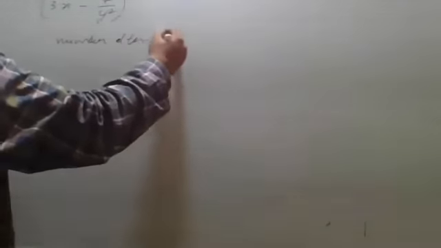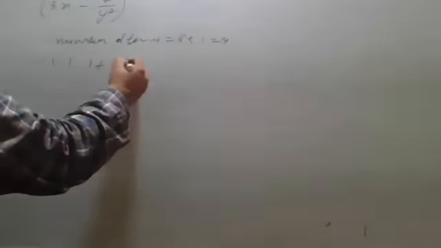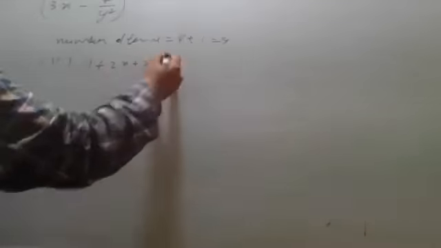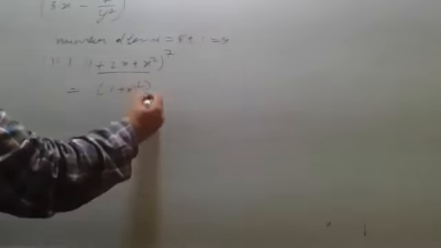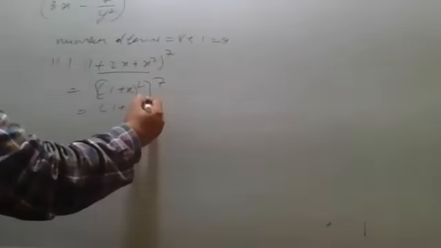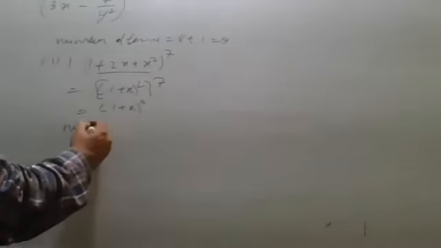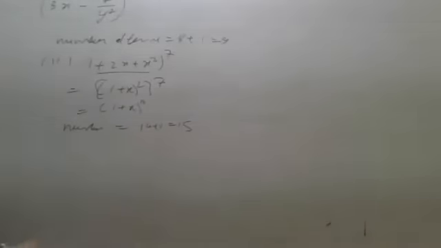That is 8 plus 1 equals 9. Second, number of terms in 1 plus 2x plus x square whole to the power 7. We know that this is 1 plus x whole square and then whole to the power 7. That is 1 plus x whole to the power 14. So the number of terms will be 14 plus 1 equals 15.